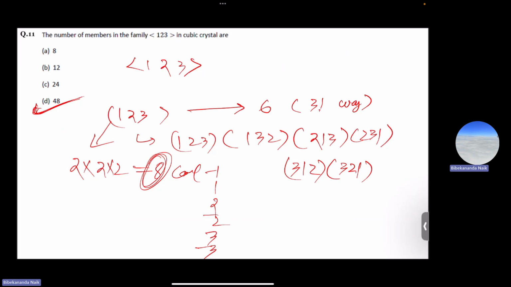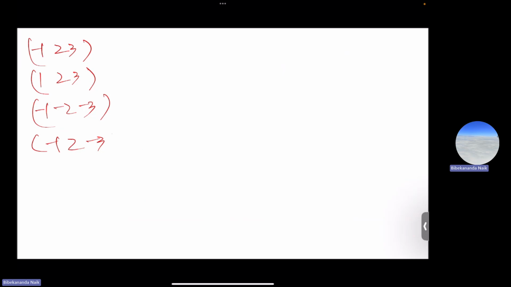For example, for this 1, 2, 3, there are several sign combinations. One is minus 1, 2, 3, another is 1, 2, 3, another is minus 1, minus 2, minus 3, then minus 1, 2, minus 3, 1, minus 2, 3, 1, 2, minus 3.